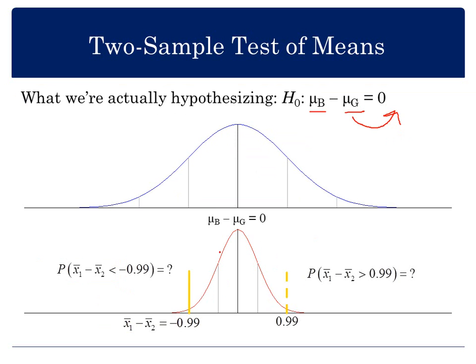This describes the behavior of sample means calculated from samples the same size as ours, drawn from this population. If 0 is the true population difference, then I should get sample means close to 0.